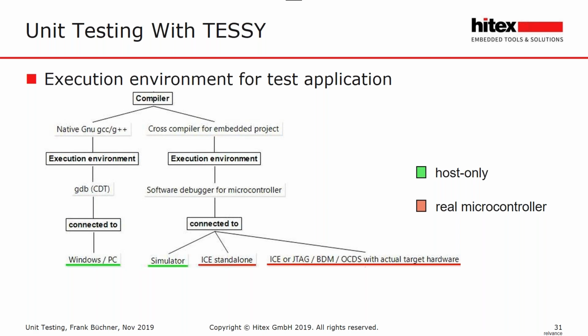The second possibility is depicted on the right hand side here. You can direct Tessy to use a cross compiler that you use for your embedded project. For instance, a Keil compiler, Tasking compiler, or whatever. This compiles the test application into a binary for a certain microcontroller, and then you need an execution environment which is able to execute a binary for that microcontroller.